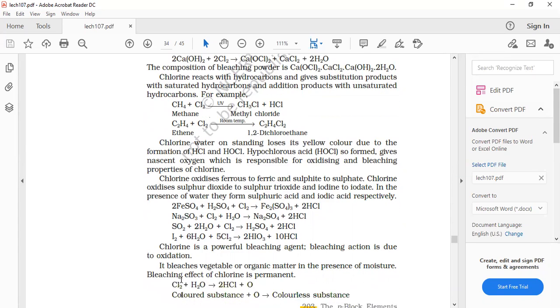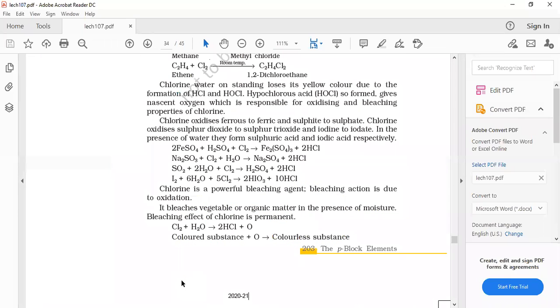Chlorine is a powerful bleaching agent. The bleaching action of chlorine is due to an oxidation reaction. It also bleaches vegetable or organic matter in the presence of moisture.